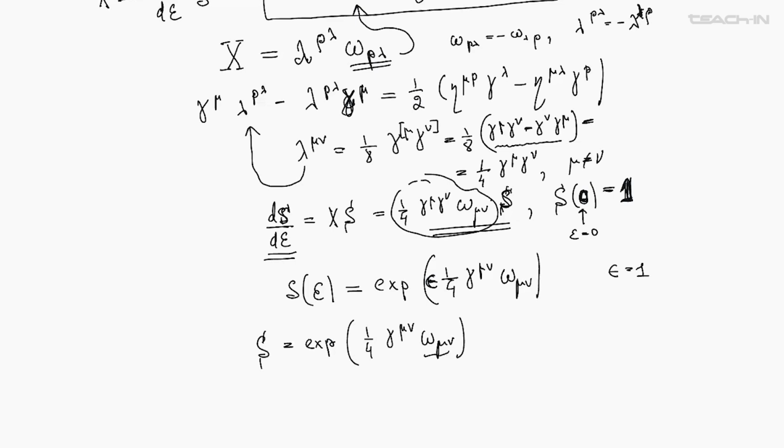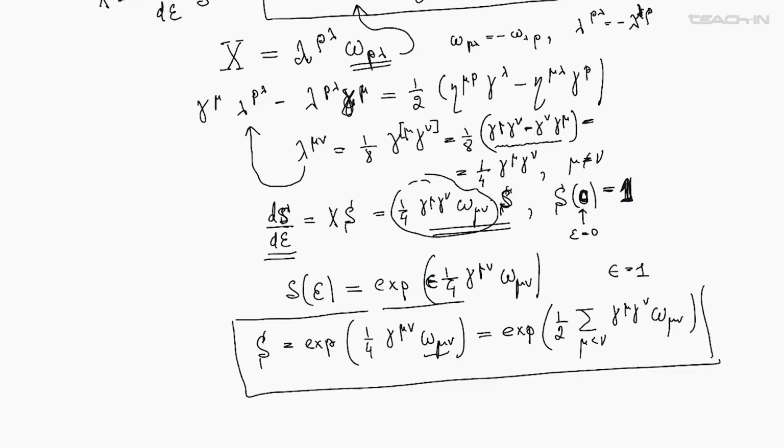You can say that this is the same as 1/2 sum over mu less than nu, gamma mu gamma nu omega mu nu. So this is the formula for the Lorentz transformation of our spinor, which we wanted to find. So this is the final expression.